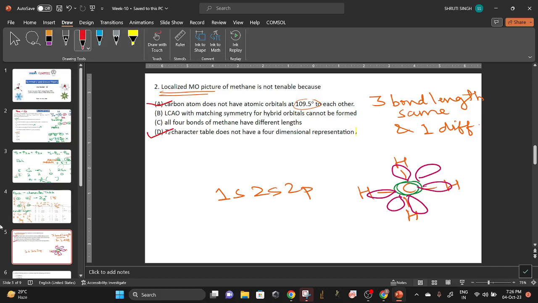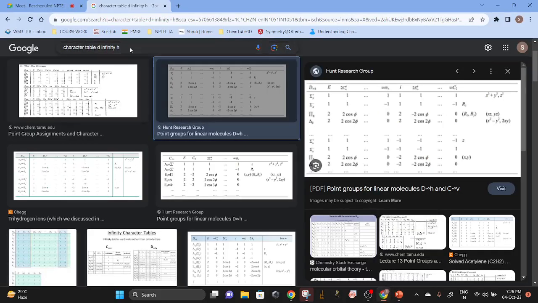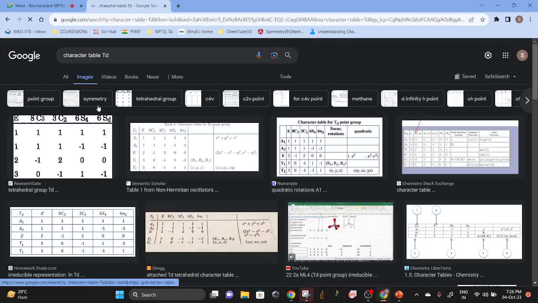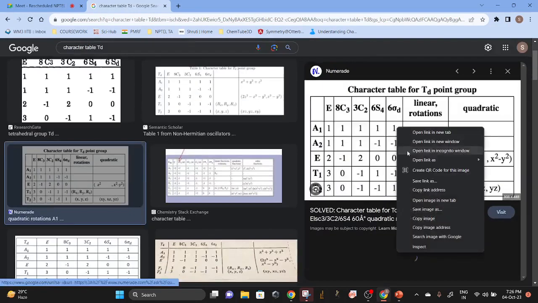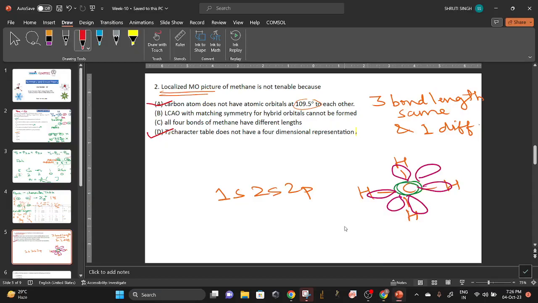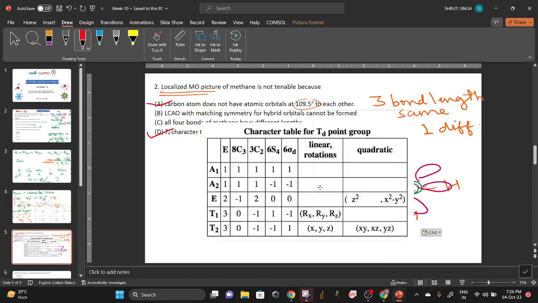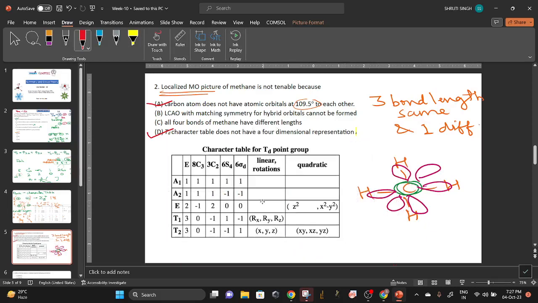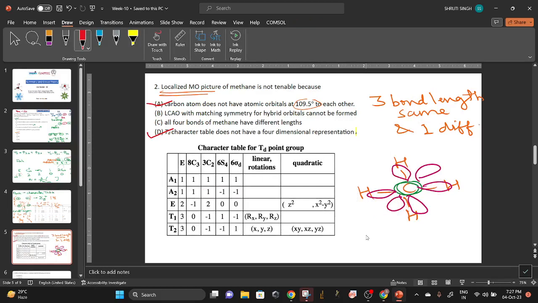If we have the tetrahedral character table, can you see we have this tetrahedral character table here.